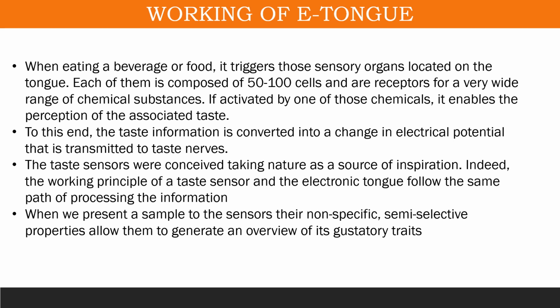In a similar way, the taste sensors used in e-tongue were conceived taking nature as a source of information. Indeed, the working principle of a taste sensor and the electronic tongue follow the same path of processing the information. When we present a sample to the sensor, their non-specific, semi-selective properties allow them to generate an overview of its gustatory traits.